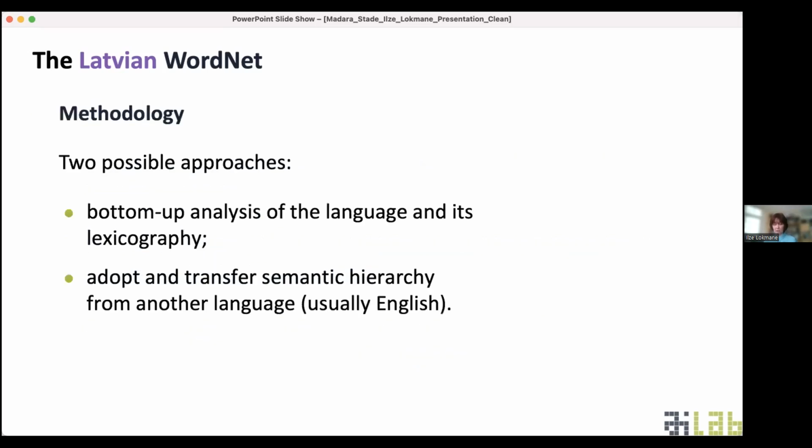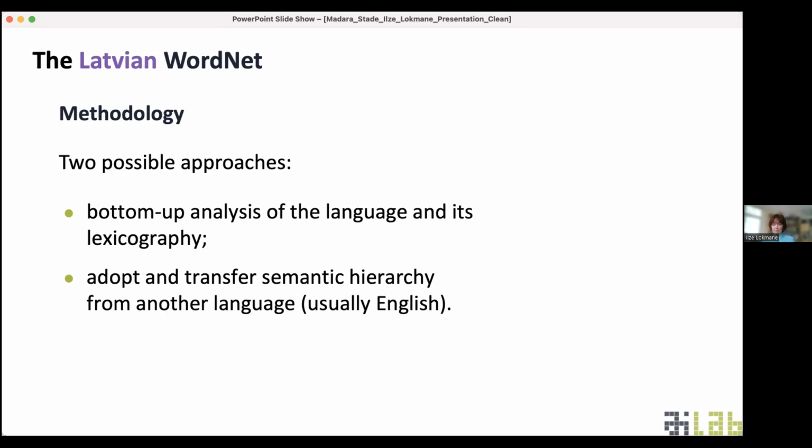About methodology. There are two possible approaches to creating WordNets. The first is the so-called bottom-up analysis of the language and its lexicography. And the next one is the opposite, to adopt and transfer semantic hierarchy from another language, which is usually English.